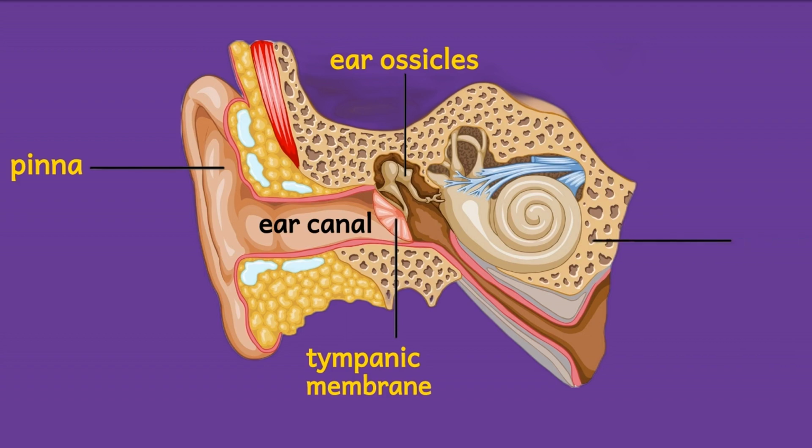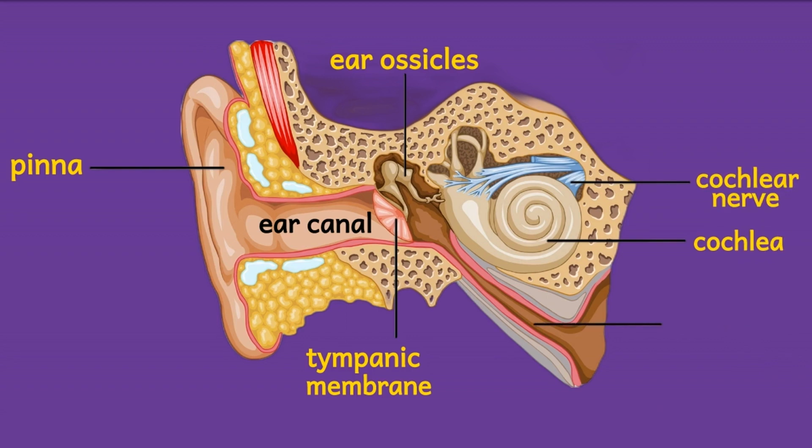Then the next structure we will label is the cochlea, which is the region basically responsible for hearing because it has the organ of hearing called the organ of Corti. Then from the cochlea, the information is transmitted through this structure, the cochlear nerve, and the cochlear nerve sends the information to the brain to be interpreted.